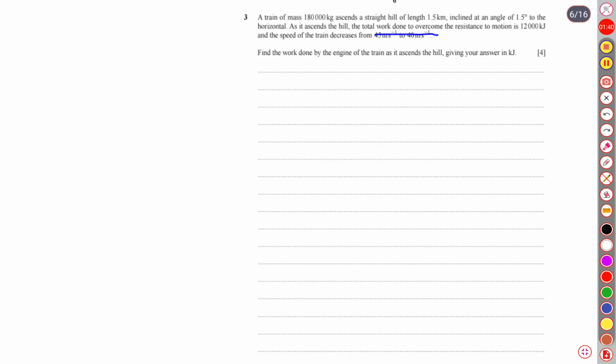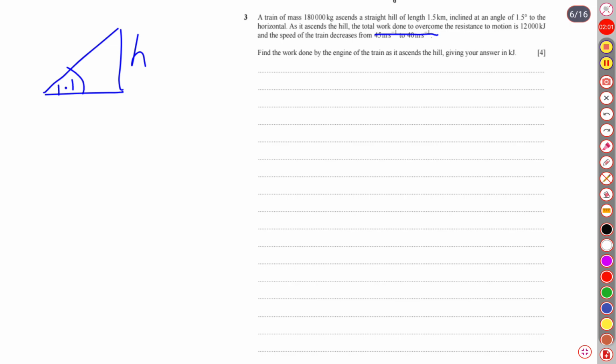So before moving on to the solution, let's have a sketch of the scenario. This is the hill, inclined at 1.5 degree to the horizontal, and this is the height.